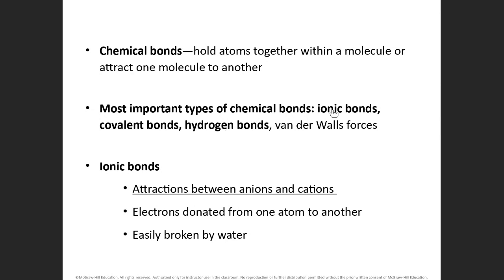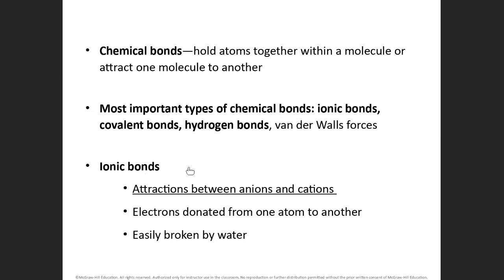The only ones you'll probably be asked about are ionic bonds or covalent bonds. These are particularly important, and hydrogen bonds are too in the human body. So we'll talk a little bit about it.